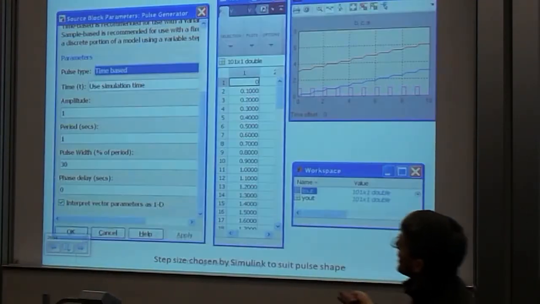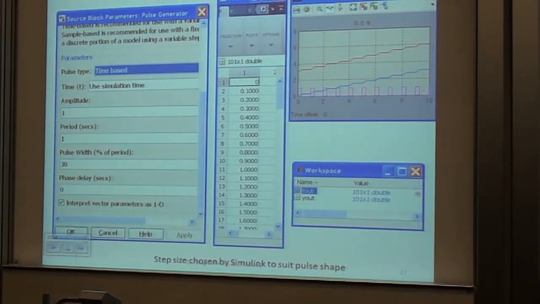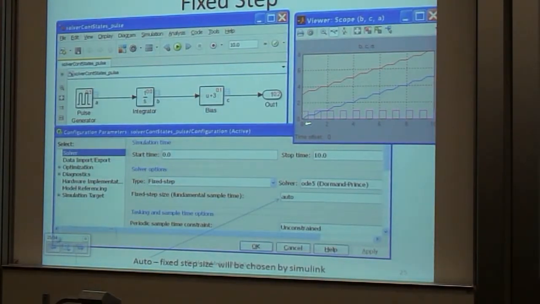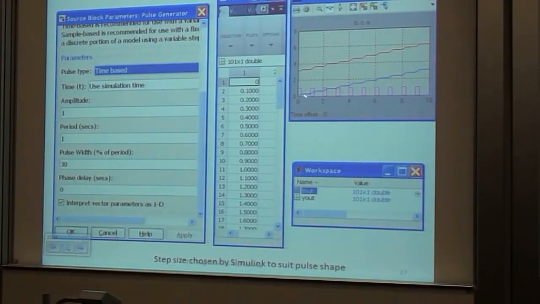If I change the pulse, so now I have a pulse of amplitude 1, a period of 1, that's the same, but I have now reduced the on time to 30% as opposed to 50%. So that's a pulse of 50%. Here's a pulse of 30%.